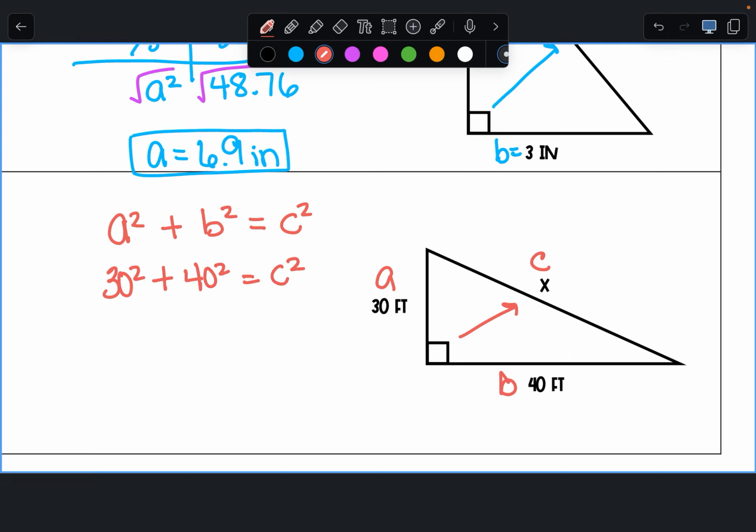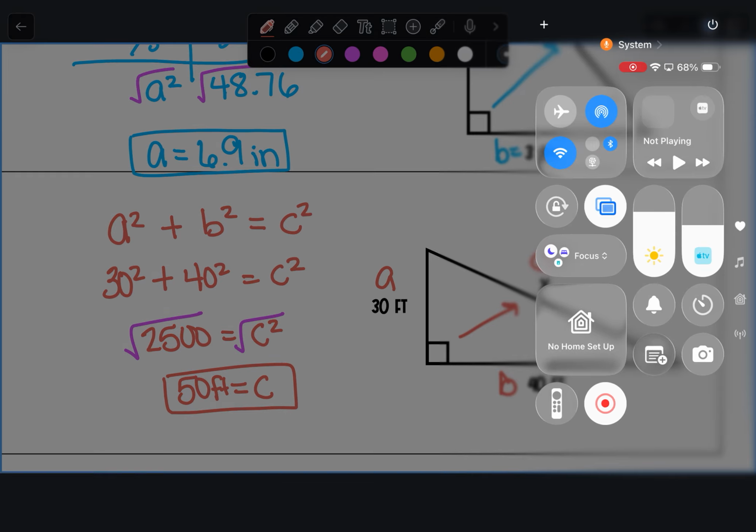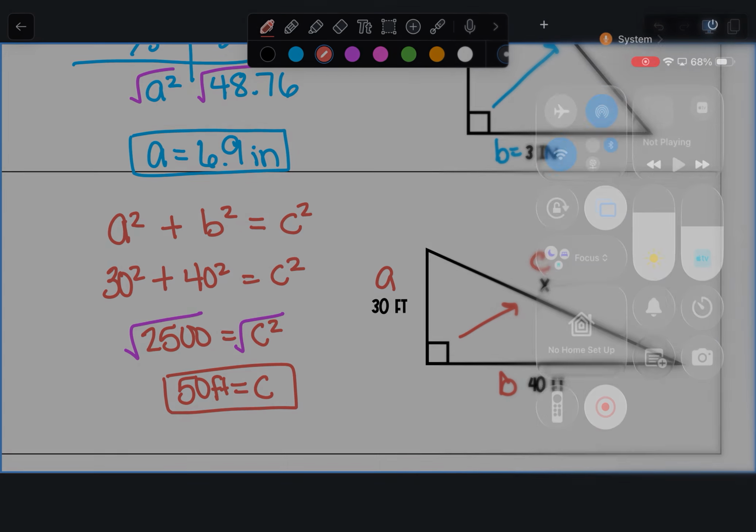What do you get when you add 30 squared plus 40 squared? 2,500, okay. And then take the square root. So you get 50 feet. Do I have any questions? Pretty straightforward, hopefully. All right, cool.